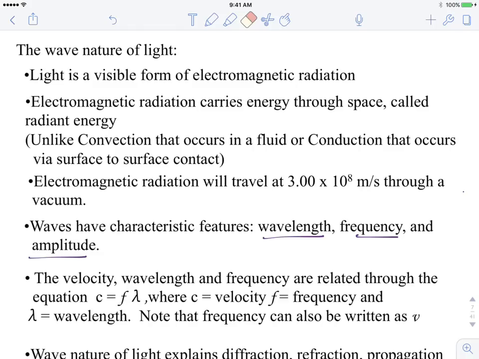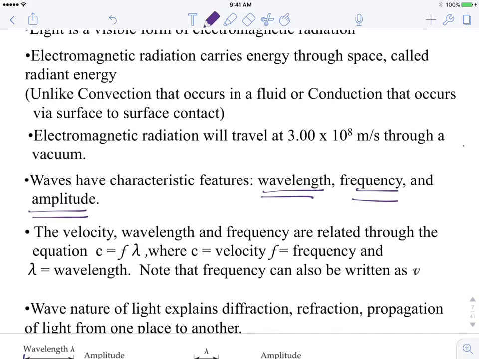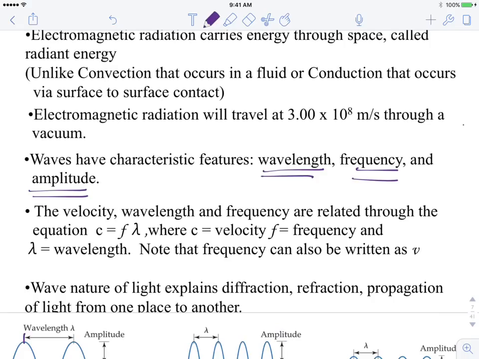Now you need to be able to describe the characteristics of a wave, and so it has these set features, and I've underlined them here: wavelength, frequency, and amplitude. And we'll go through what each one means, and I'll show you that on the picture. But what's important to know is that the wavelength and the frequency are related through an equation, which is c equals frequency times lambda.